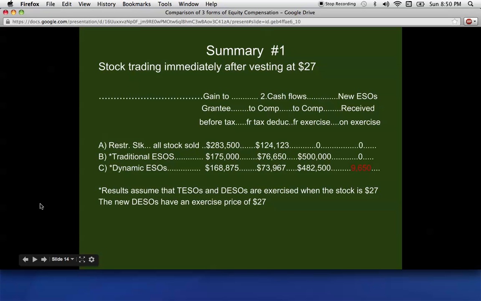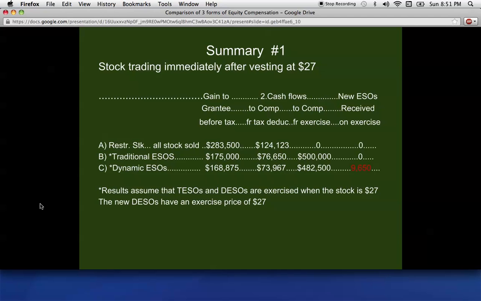So here's a summary of the different results at the different prices. Okay, we see that the gain to the grantee before tax for restricted stock is $283,500 when the stock's 27. There's less of a profit or gain to the holder of the traditional employee stock options, assuming he exercises.